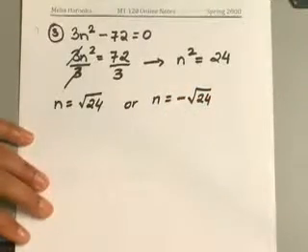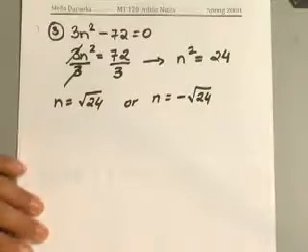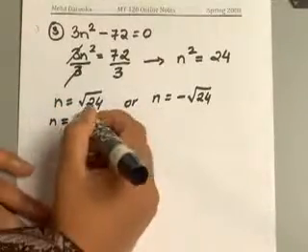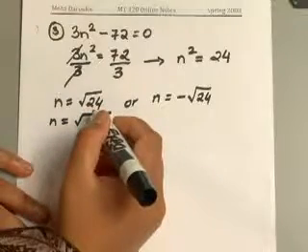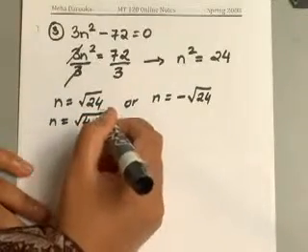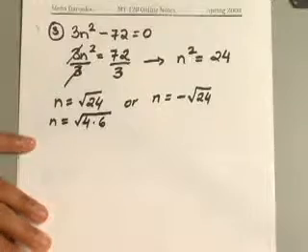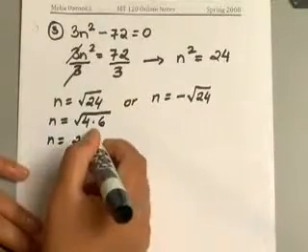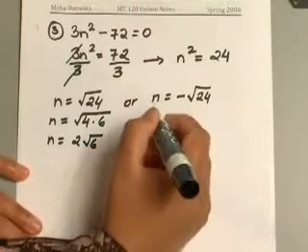Again, we know 24 is not a perfect square, so we will go ahead and simplify this radical, and that will be, let's see, 4 times 6, because again 4 is a perfect square, so that will end up giving you 2 square root of 6.